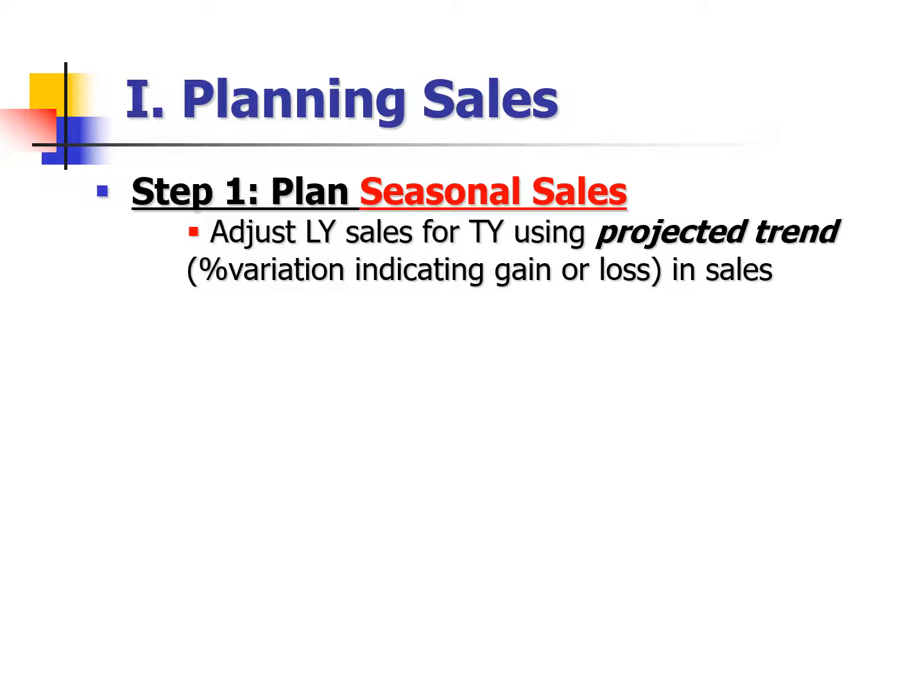A positive trend means there is a growth, and a negative trend means there has been a decrease in the numbers, right? So we first have to project the sales trend, as compared to last year, how much increase or decrease are we projecting for this year's sales? That has to be planned out first, and based on that projected trend of sales, we are going to plan the seasonal sales dollars for this year, knowing what happened last year.